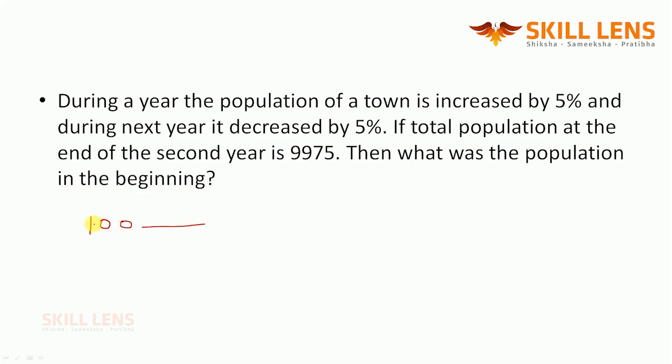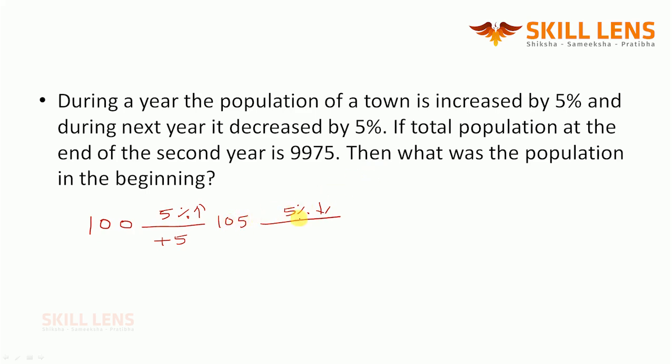100, 5% increase. On 100, 5% is plus 5, so 100 plus 5 is 105. Again, there is a decrement of 5%. Don't tell me it will go back to 100. That is a wrong assumption.